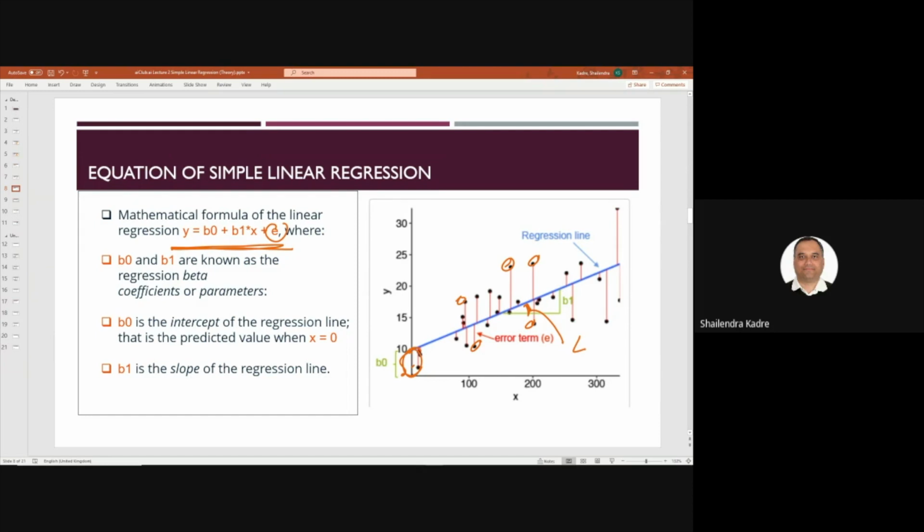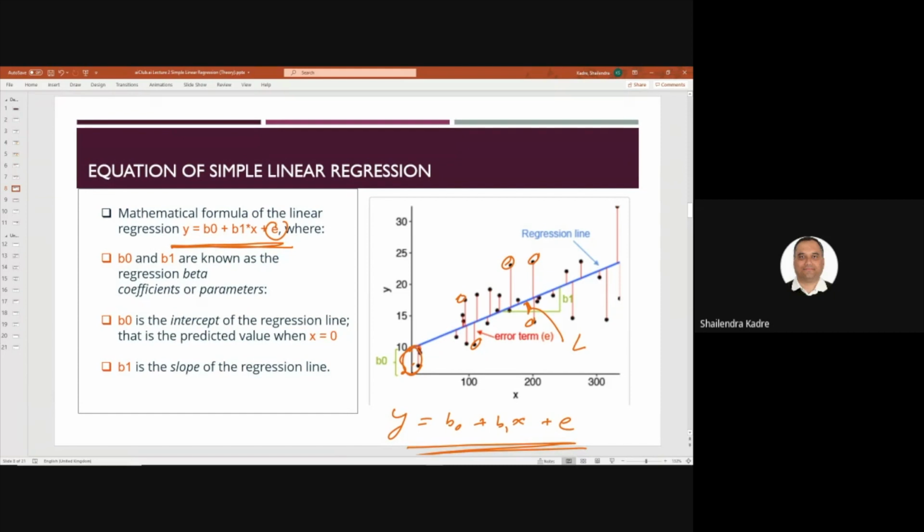Our aim as a machine learning engineer is to minimize this error. The larger the error, the less exactly our model represents the observed points. But if the error is very close to 0, then the value given by our model will be very close to the observed point. So this equation, Y is equal to B0 plus B1X plus error term, is our linear regression model.